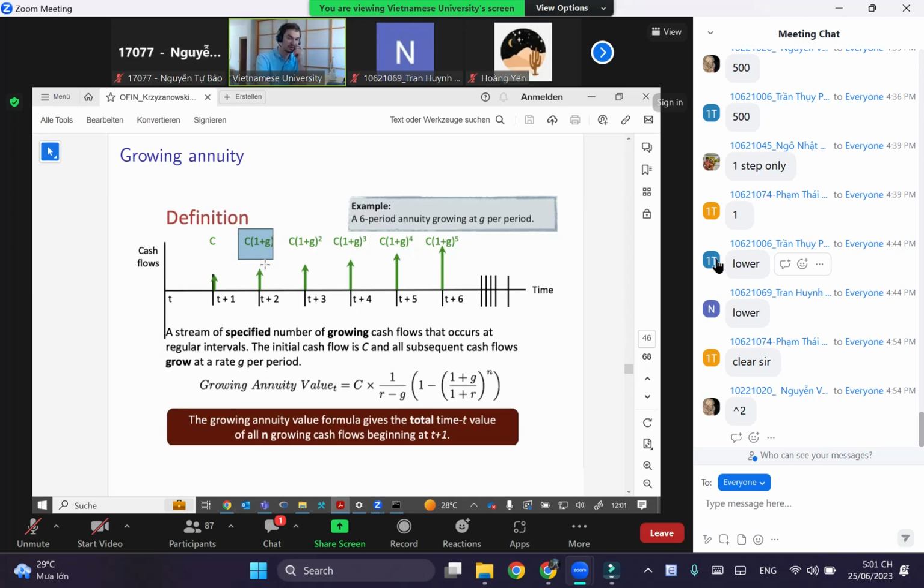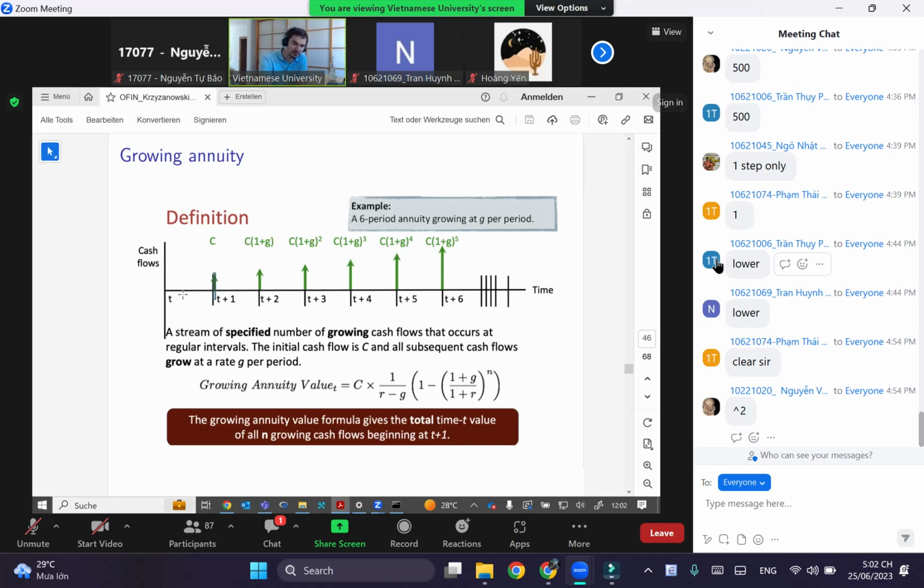So you would receive 1.05 times C. And in the next period, because it's constantly growing, you would receive 1.05 to the power of 2 times C. So even a higher payment. As you can see here, those arrows become bigger over time, meaning you have a growing annuity. In the specified periods, you would obtain the payments, but the payments are increasing over time.